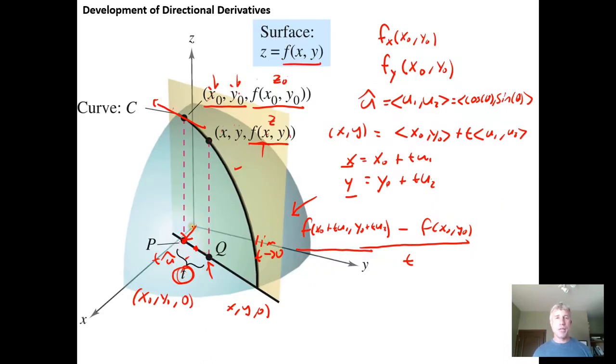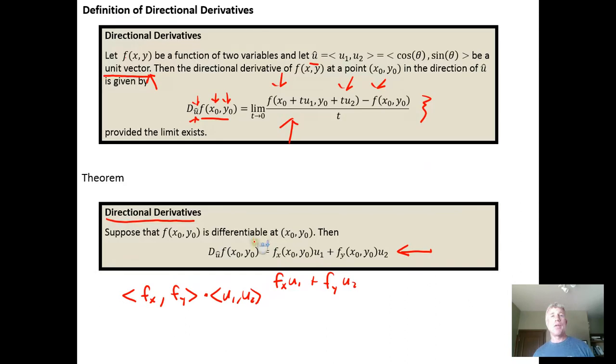Pick a direction vector and then find the slope of the tangent line to the graph at a point in the direction of that direction vector. This is something we want to do when we're not as interested in how things are changing in the x or the y directions. So that's the idea behind a directional derivative.